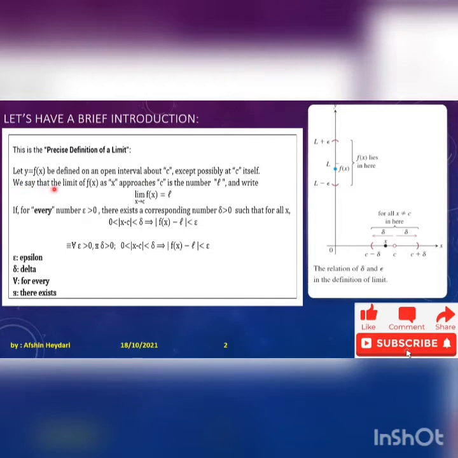We say that the limit of f of x as x approaches c is the number L, and write like this.